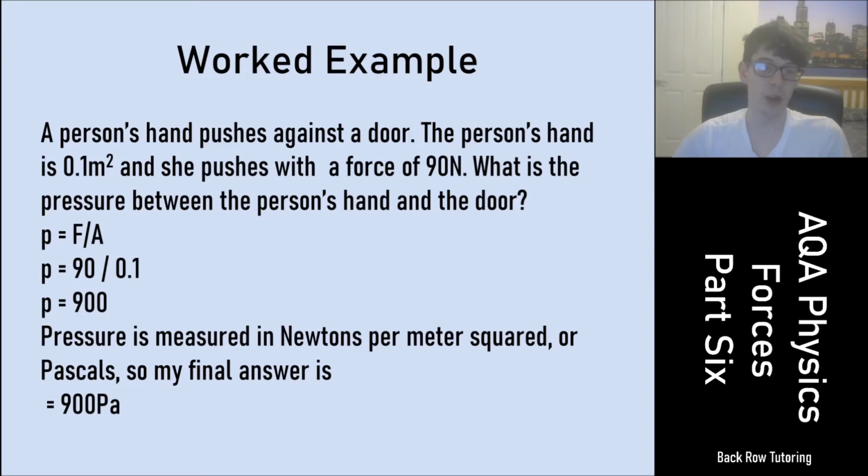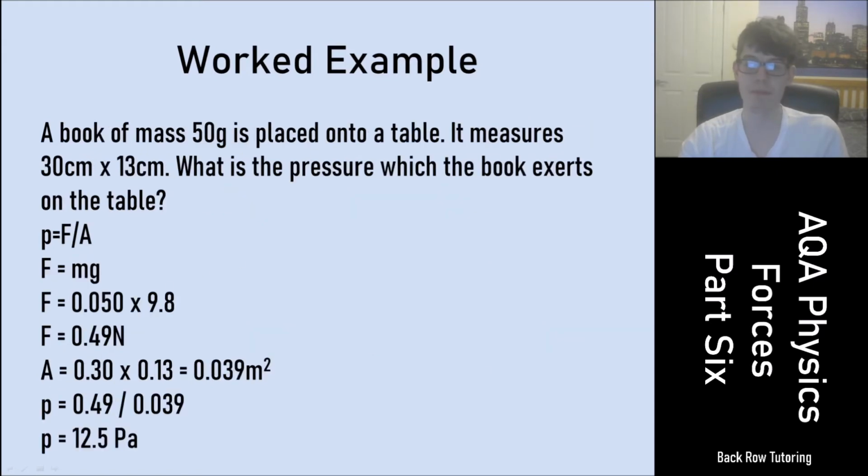So pressure is equal to 90, because we'll have 90 newtons of force, divided by 0.1, because our area is 0.1 metres squared. 90 divided by 0.1 is 900. Now, pressure is measured in newtons per metre squared, or pascals, they are the same unit. So my final answer is 900 pascals. And when you write pascals as a unit, you write Pa, like that.